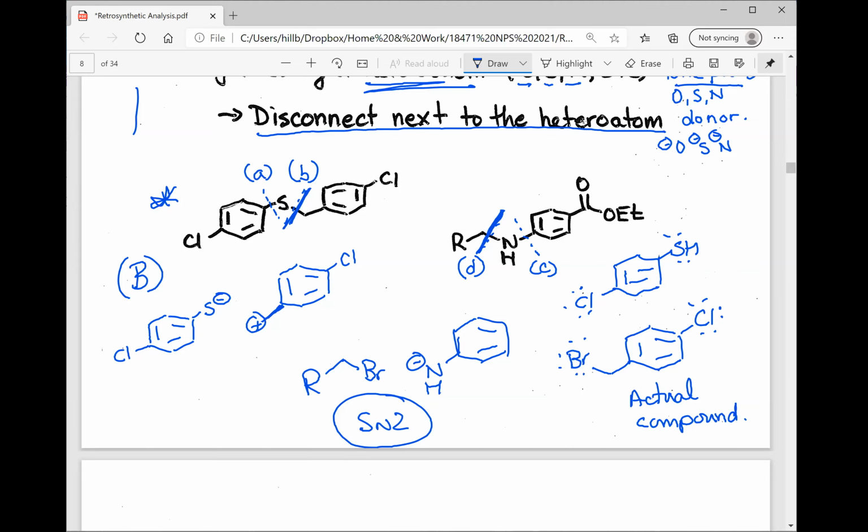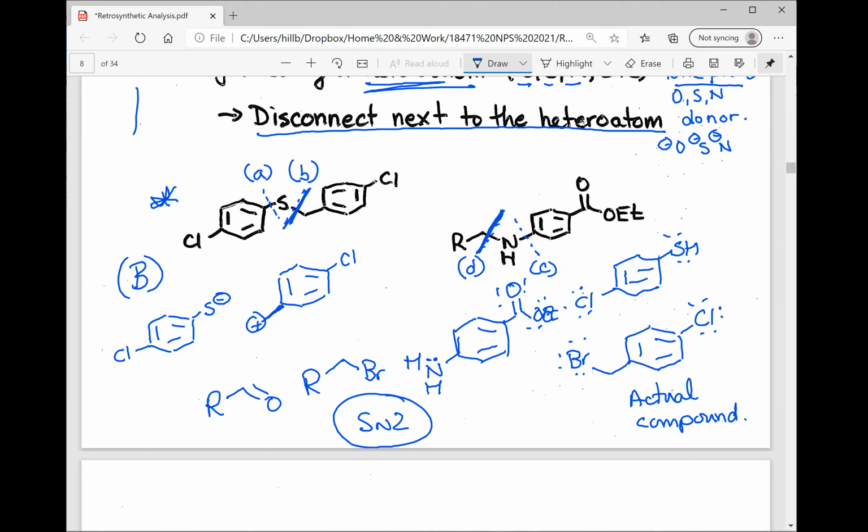There is actually a better one, which we'll see later when it comes to synthesizing amines. SN2 or SN1 reactions can be slightly problematic. So there's what we call a reductive amination, where instead of a bromide you have an aldehyde. An amine plus an aldehyde can make a carbon-nitrogen bond, but we'll get to that in a second.